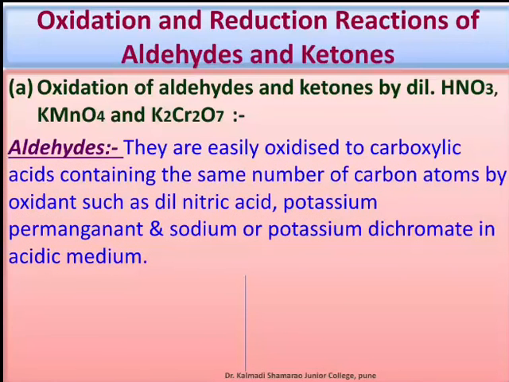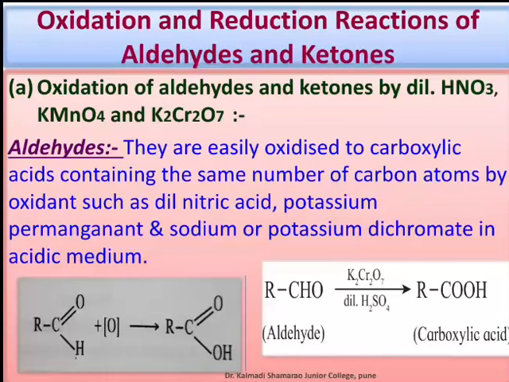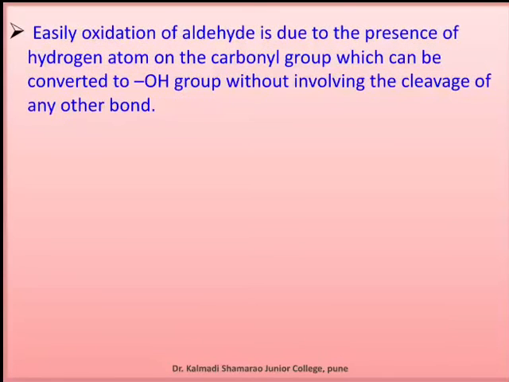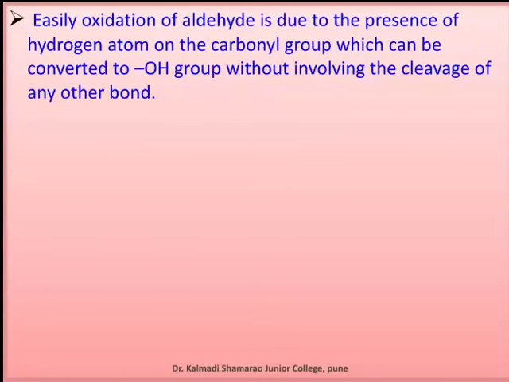Aldehydes are easily oxidized to carboxylic acids containing the same number of carbon atoms by oxidants such as dilute nitric acid, potassium permanganate and sodium or potassium dichromate in acidic medium. Easy oxidation of aldehydes is due to the presence of a hydrogen atom on the carbonyl group, which can be converted to an OH group without any cleavage of other bonds.